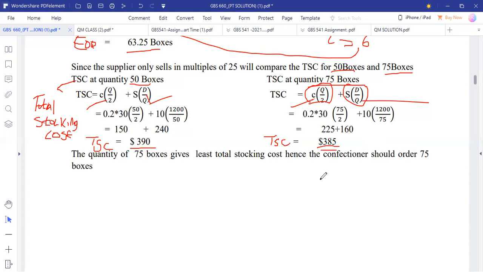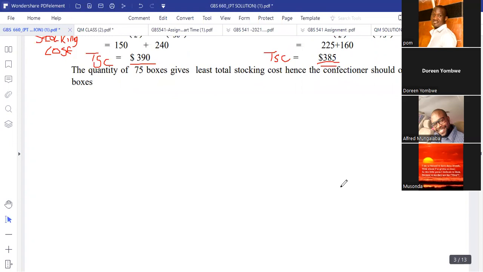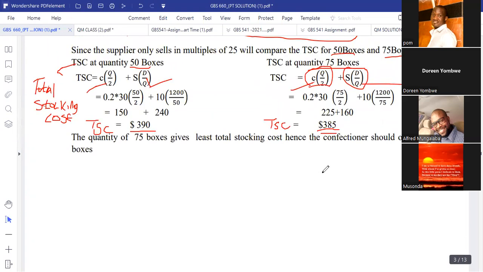At 50 boxes, we are spending $390. As we are buying 75 boxes, we are getting down to $385.